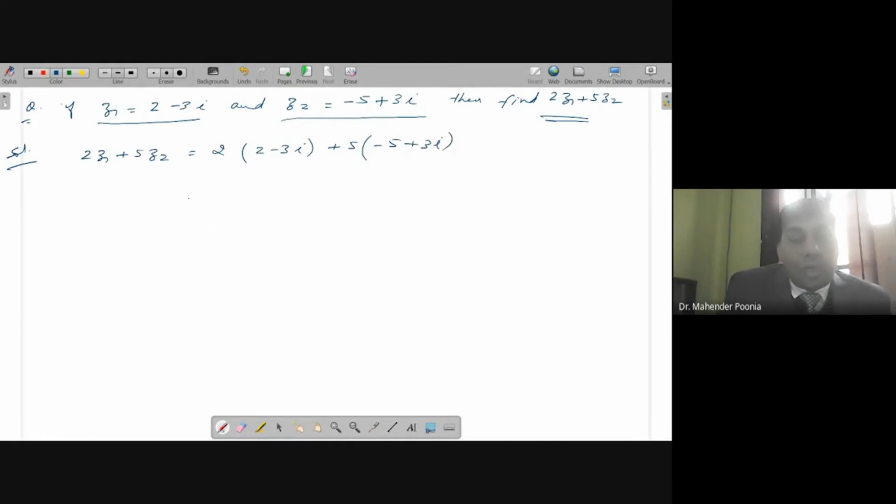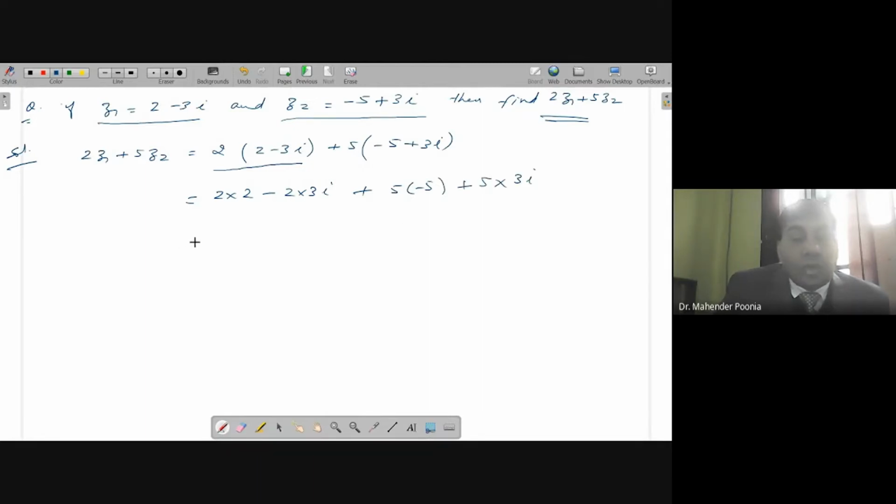Right? Now, by the multiplication property of a complex number, we multiply the scalar 2 with the real part and the imaginary part. That means 2 into 2 minus 2 into 3 iota plus 5 into minus 5 plus 5 into 3 iota.